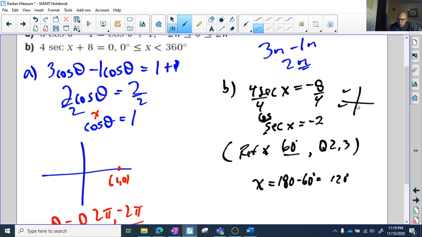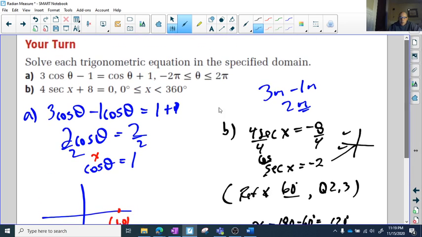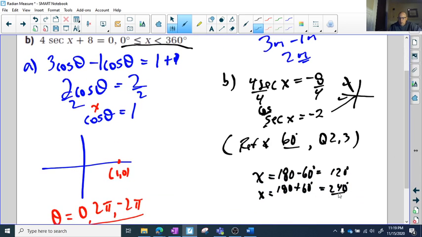And if your reference angle was 60 and you wanted to get your angle down in quadrant 3, it's 180 plus 60, which would be 240 degrees. Now this one, the domain was restricted to just 0 to 360, so one positive rotation. So these are the only two angles you're going to get. There's your answers, 120 and 240.